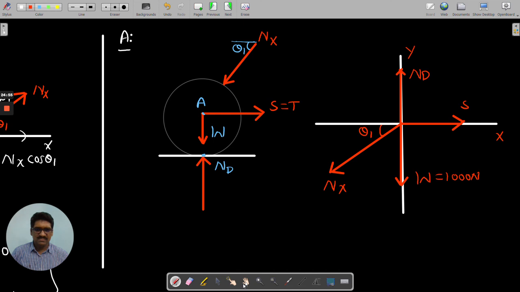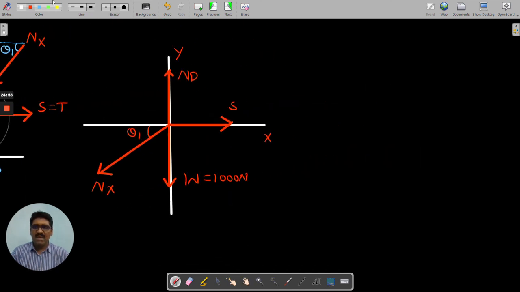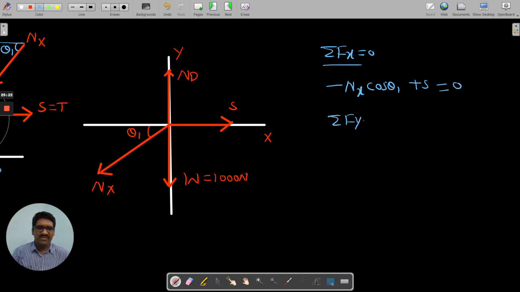This is the case. Okay, so now I am applying the equation of equilibrium, summation of Fx is equal to 0. So minus NX cos theta 1 plus S is equal to 0. Next, summation of Fy. So I told resolution already. This becomes NX cos theta 1.